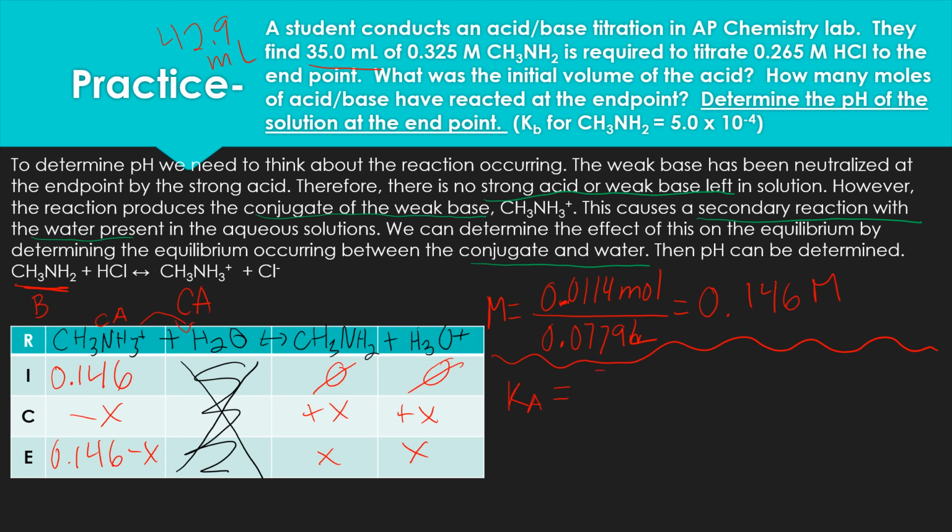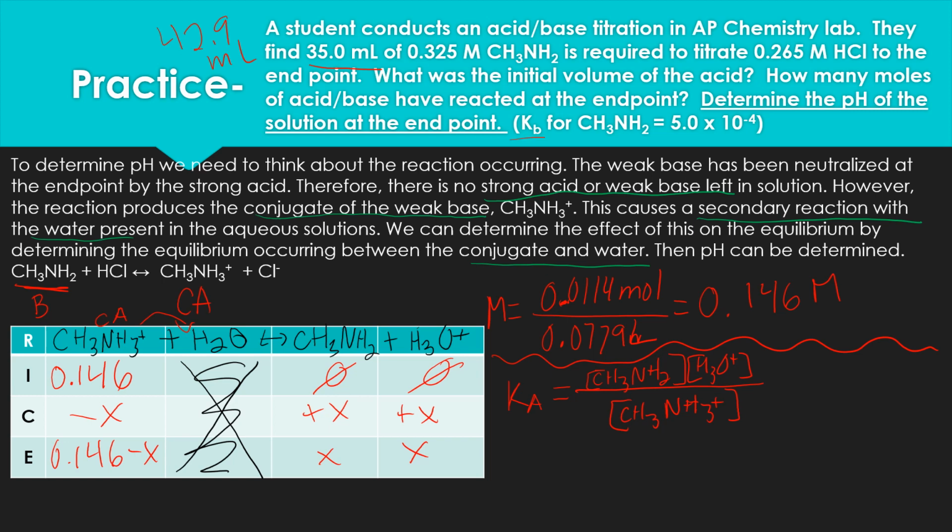We would have the product CH3NH2 times H3O plus or H plus over our reactant CH3NH3 plus. So that's our expression. Now we don't have a Ka value.